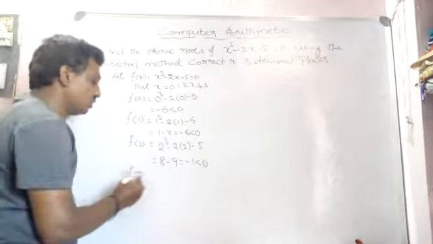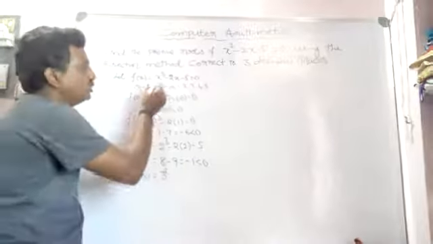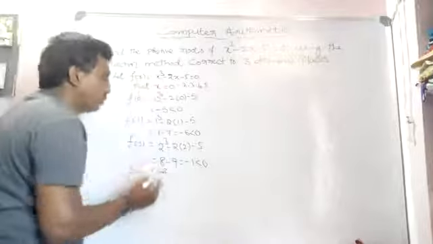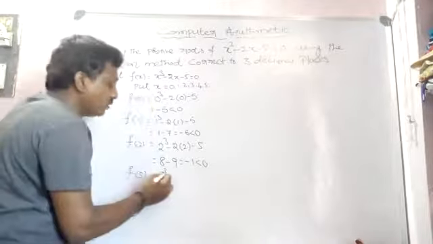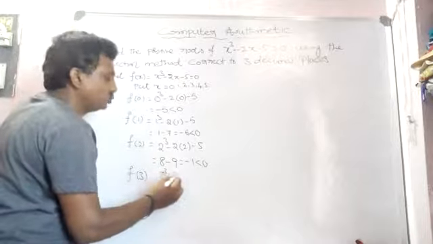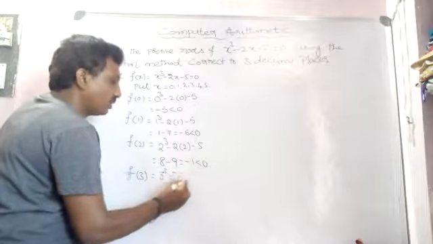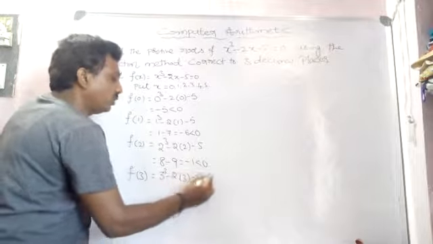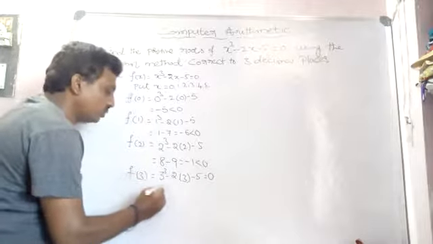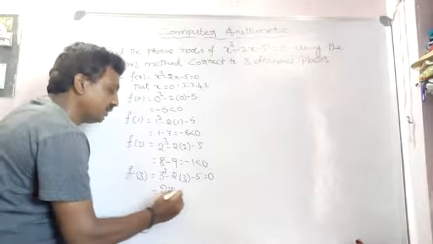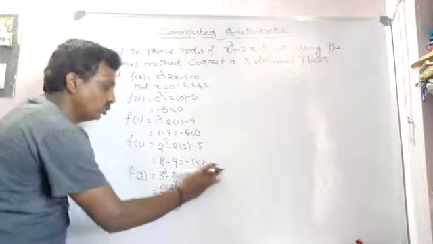So now f of 3 equals 3 cube minus 2 into 3 minus 5. 3 cube is 27 minus 6 minus 5. It's not coming 0.